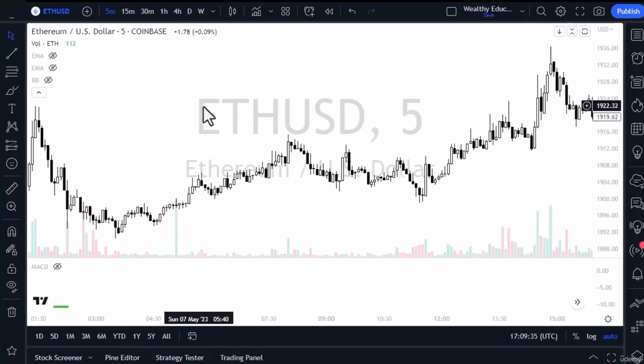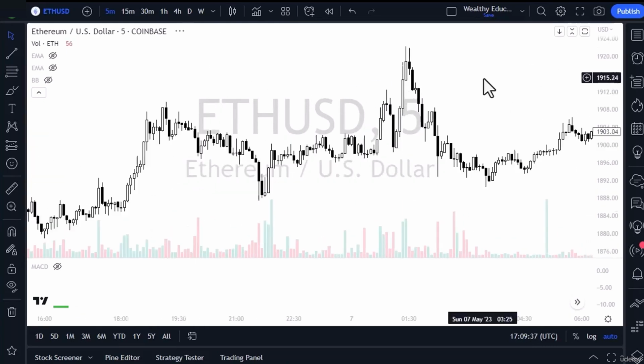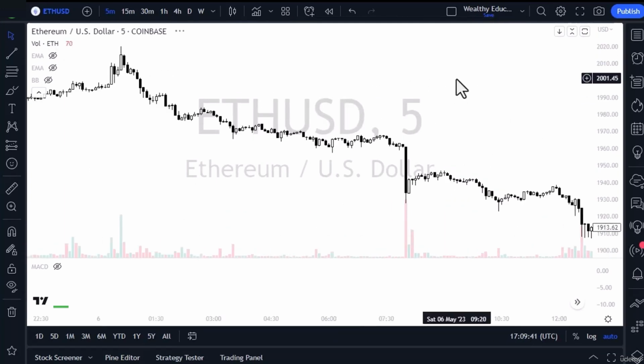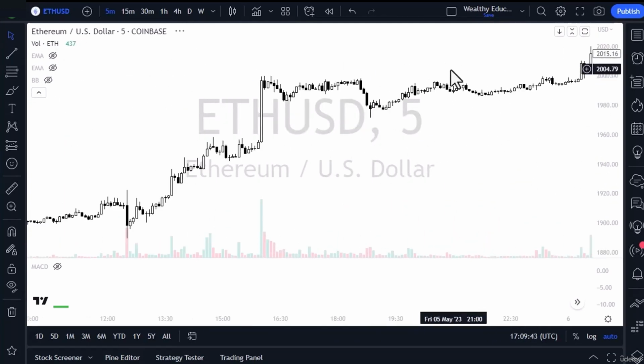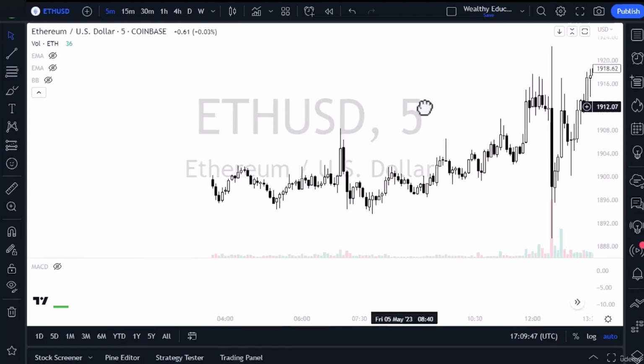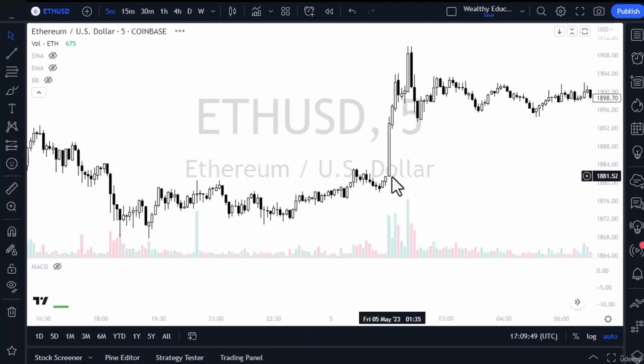When you look at crypto, you have to keep in mind that the volatility profile is much higher than other assets. So that is why you need to be so diligent about finding multiple reasons in a trade.